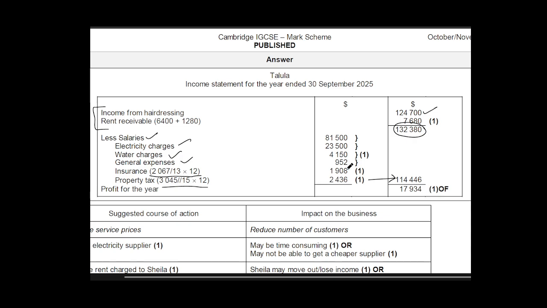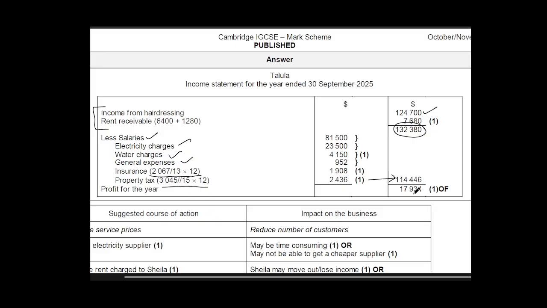See here, they have allotted 5 marks to this question, and 1 mark for the first adjustment of rent receivable, meaning there is no mark for income from hairdressing, but 1 mark for this 7680 if you show its proper working. And then there are 3 marks on those expenses where you have to make calculations, and 1 mark for all these expenses where you are not going to do any calculation, and 2 marks for these.